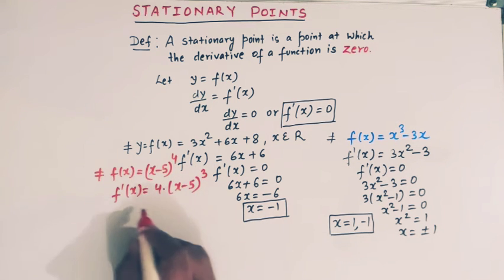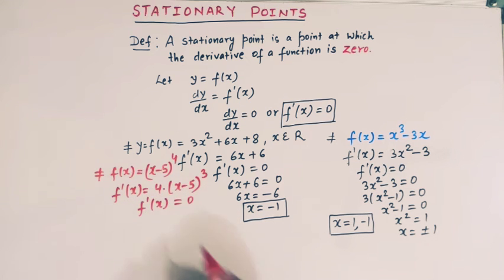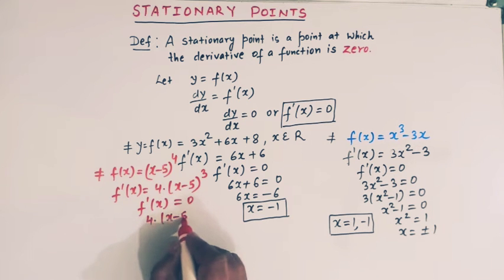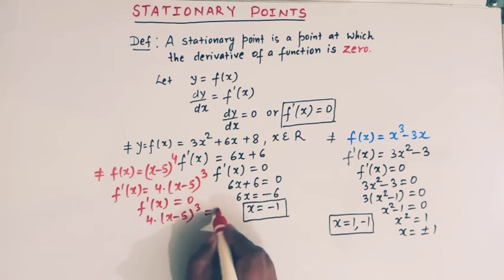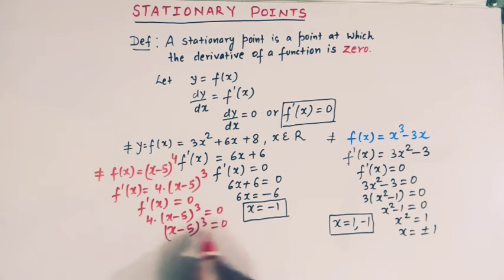And for stationary points, f prime of x should be equal to 0. So we have 4 times x minus 5 raised to 3 is equal to 0, and if we solve this equation, then we see that the value of x is equal to 5, right? So here the stationary point is x equal to 5.